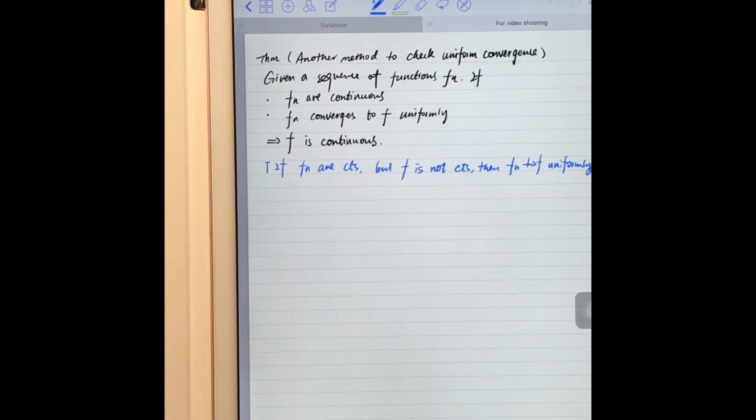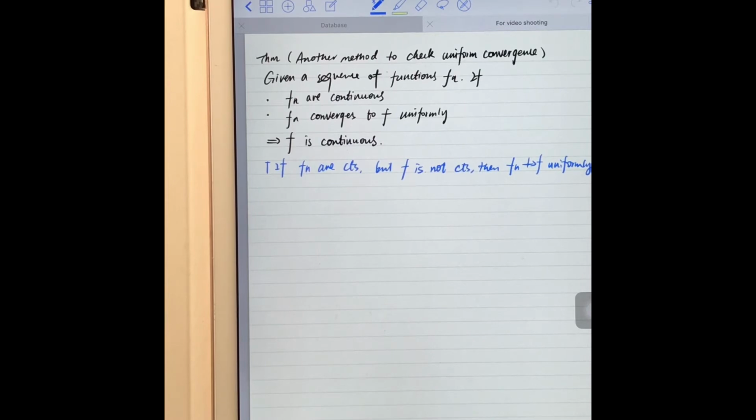So suppose the functions fn themselves are continuous, and if we're given that fn converges to f uniformly, then we can say that f is continuous.